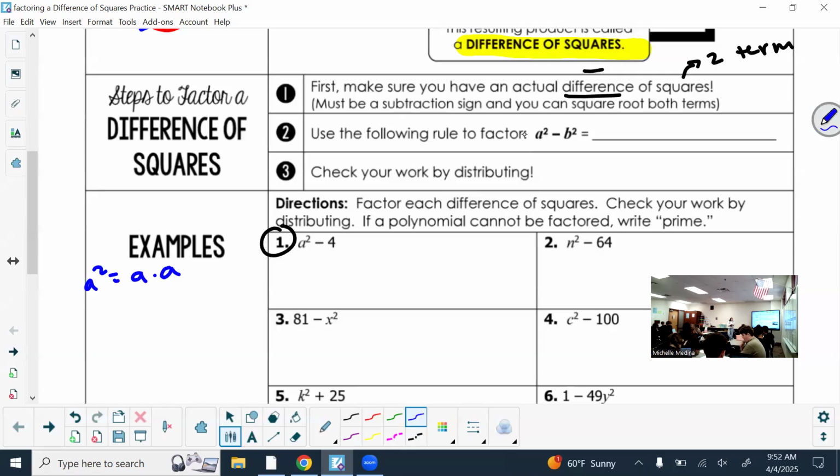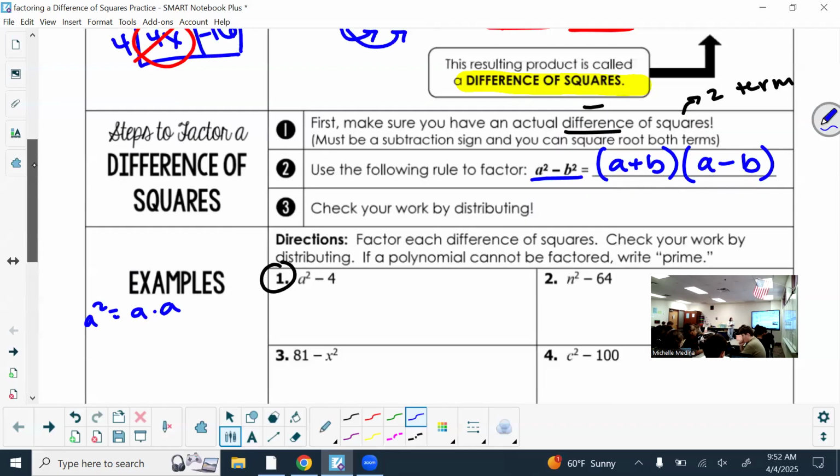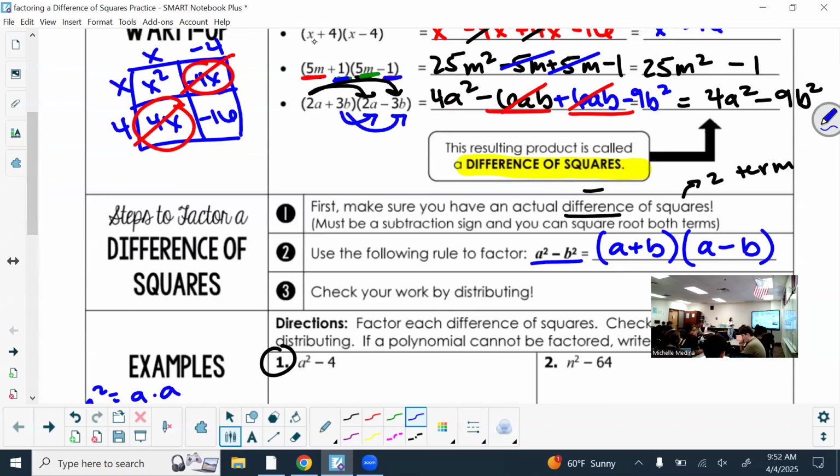Because if it's a difference of squares, then you apply this rule where you are taking the square root of each perfect square and writing it in the factor form where one has a plus sign and one has a minus sign. So if you look at our warm-up, the ones that were given to us originally, they're almost the exact same parentheses, except one has a plus, one has a minus.